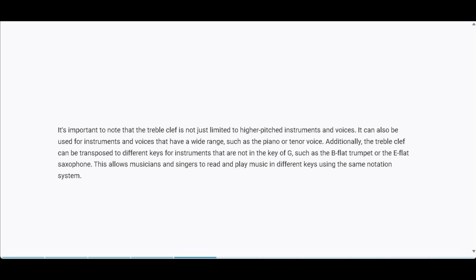So it's not just limited to higher pitched instruments and voices, it has a wide range, the treble clef. You can transpose it as well. I'll get to it in another lesson.